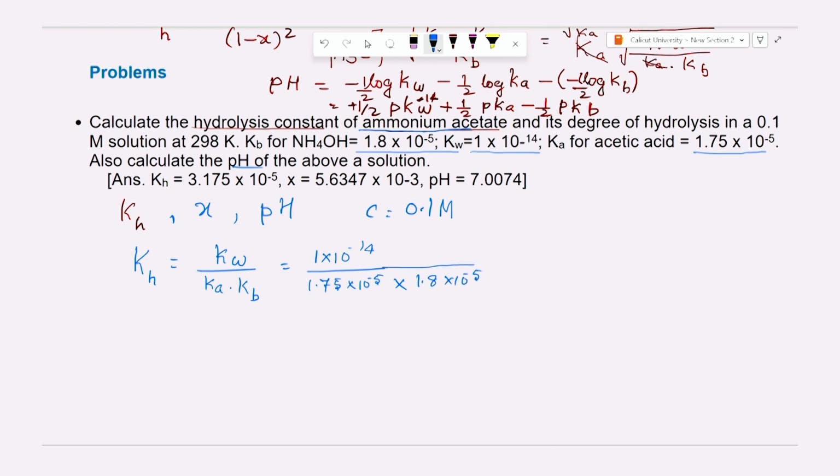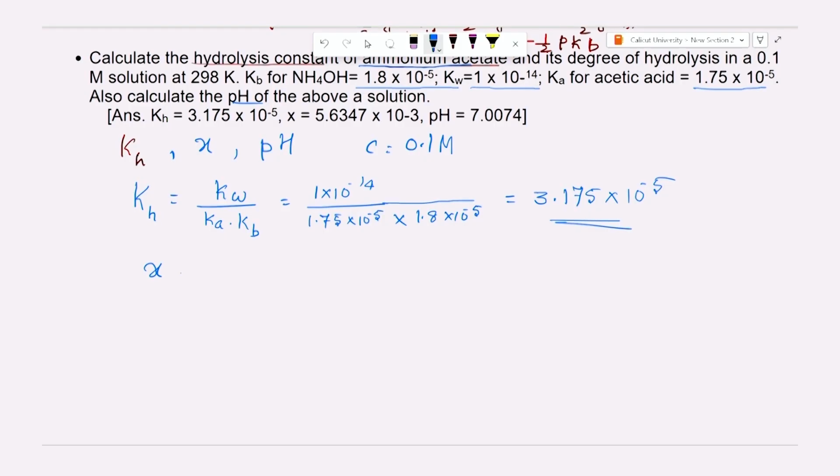Now, using a scientific calculator, you can calculate it, and the answer was found to be 3.175 into 10 to the power minus 5. This is the hydrolysis constant. Now, since we have got the hydrolysis constant, we can easily find out the value of X. Degree of hydrolysis is equal to root of hydrolysis constant.